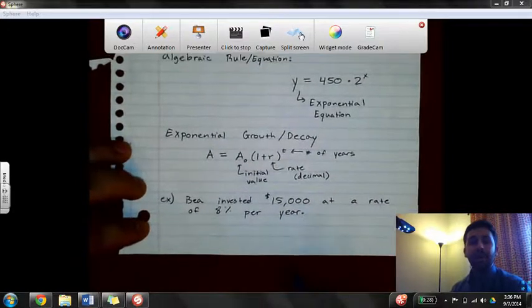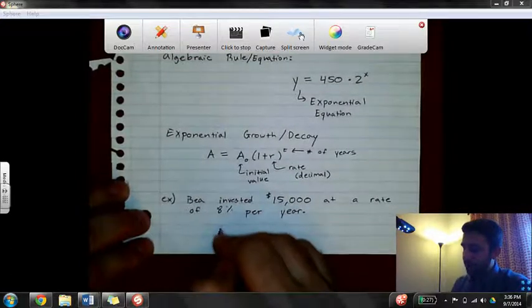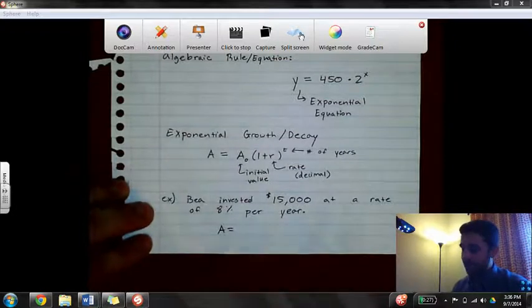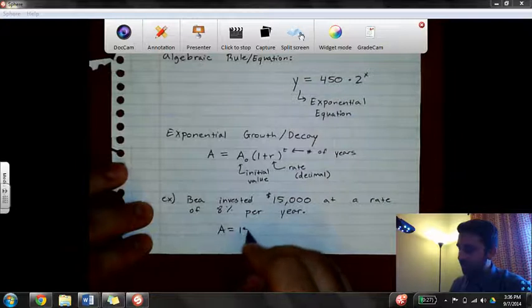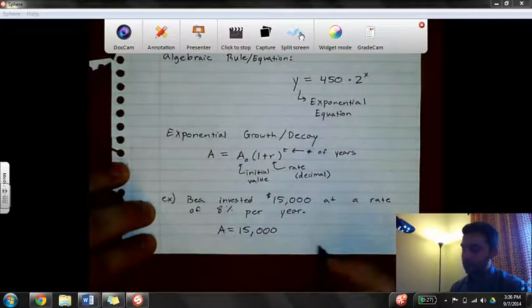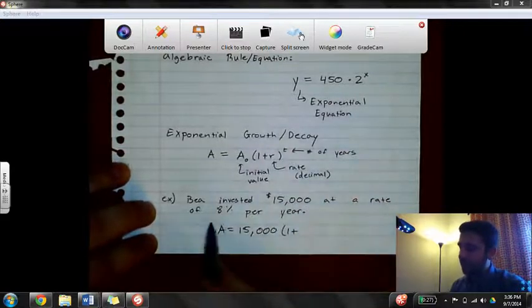If I wanted to write an equation that modeled this situation, I would say A, or the value after however many years have passed, equals our initial value, so her initial investment of $15,000, times 1 plus her rate of 8%.